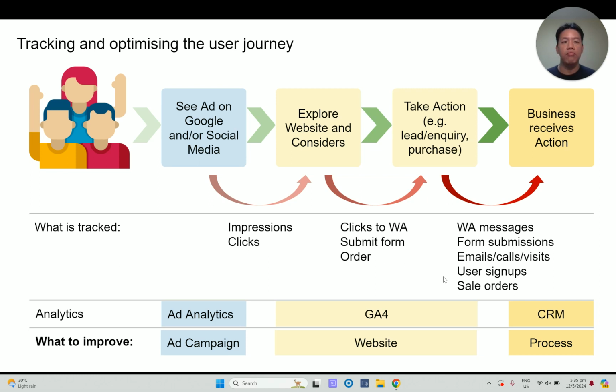It could be that you're asking the user to jump through too many hoops, right? And that actually is a rather typical scenario. A lot of businesses like to collect data that they actually do not need at that point in time, or it is irrelevant or not that relatable to the user who's trying to get through an initial sign up or registration or an inquiry submission, right? So try to avoid asking too many questions or trying to get too much data when you have absolutely no need for that data at that point in time, right?